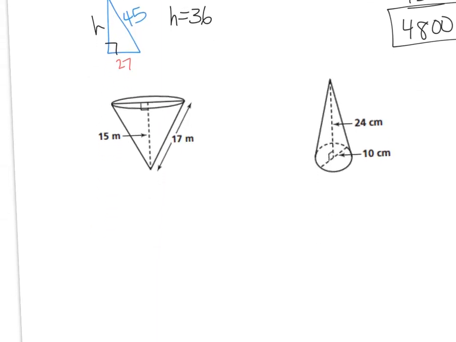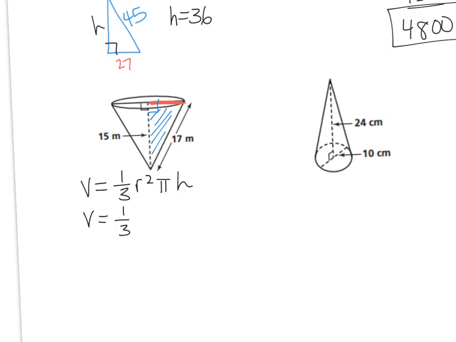And then down here, this cone, I'm going to use the formula volume equals 1/3 r squared pi h. My radius is this part. I don't have my radius, but I have a triangle right here.